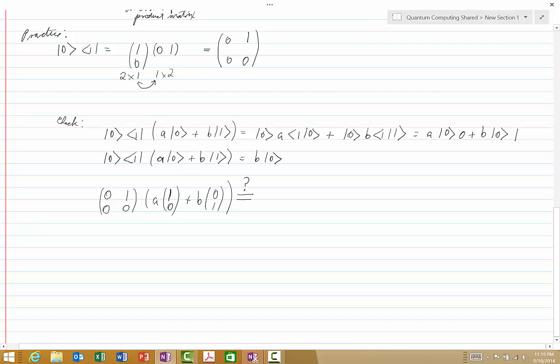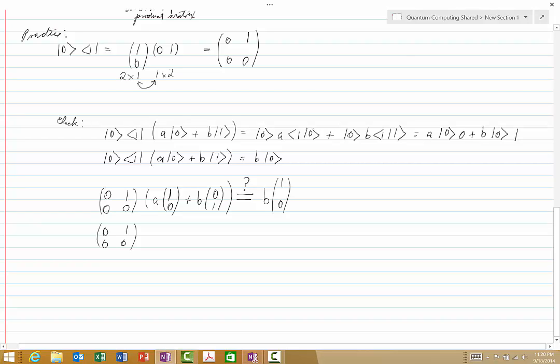And so I'll put equals with a question mark because we don't know if this is going to work out or not. Now for the right hand side, we bring down the B. And for the 0 ket, again we have the 1, 0 column vector. So now let's see if this all works out. Well, let's simplify on the left hand side this term in the parentheses first.